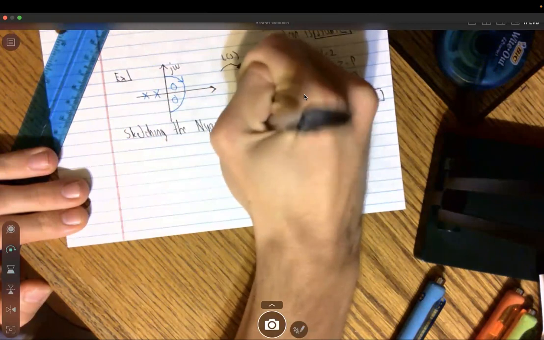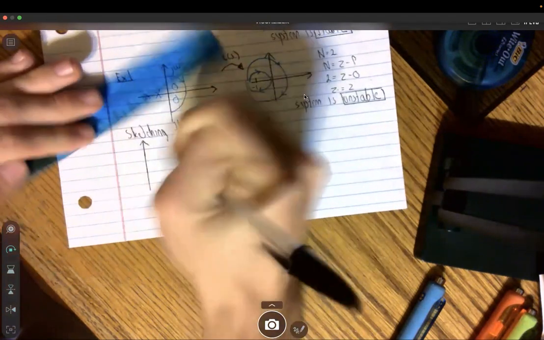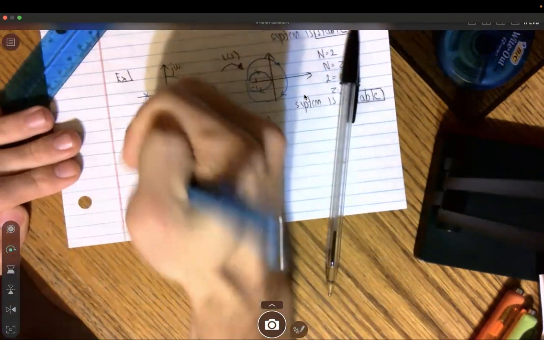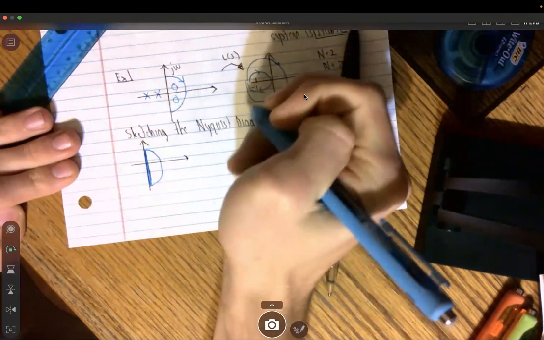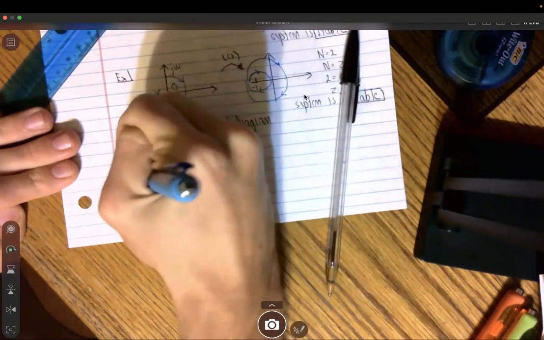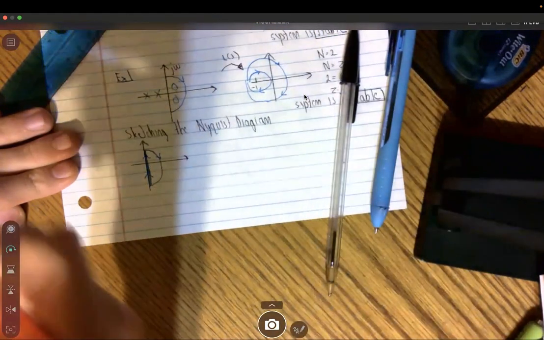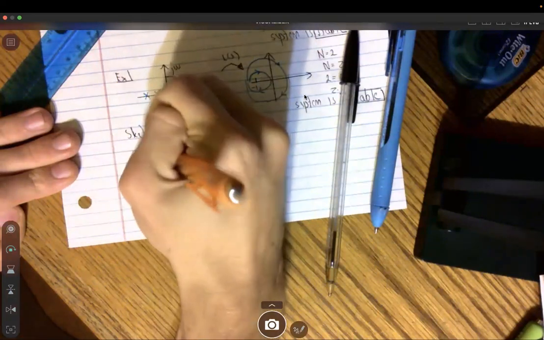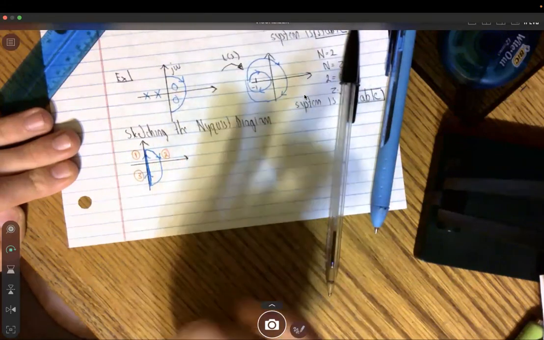To sketch the Nyquist diagram, remember your contour looks like this, and you have 3 segments within it. The first segment goes from this 0 point up to infinity. The second segment goes from infinity to negative infinity. And the third segment goes from negative infinity to 0.